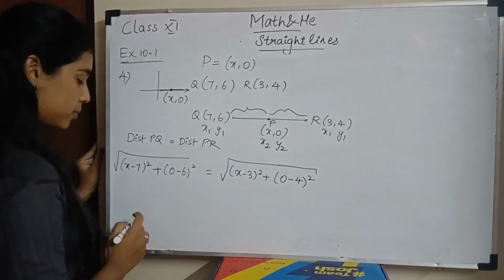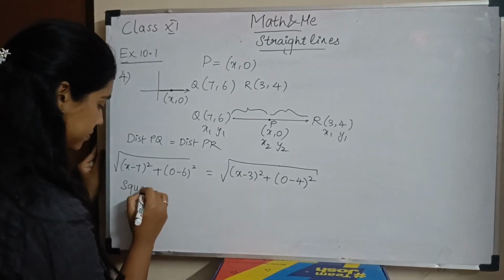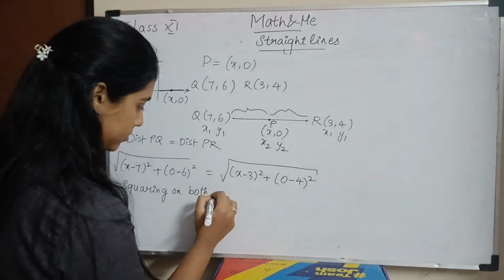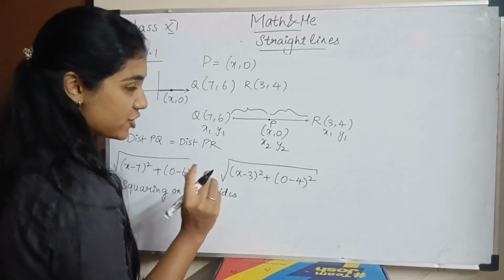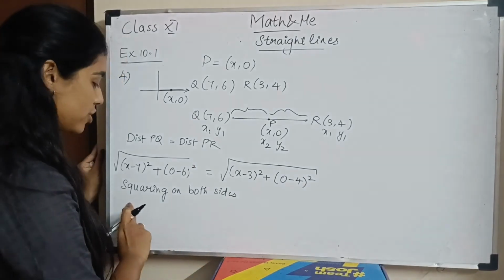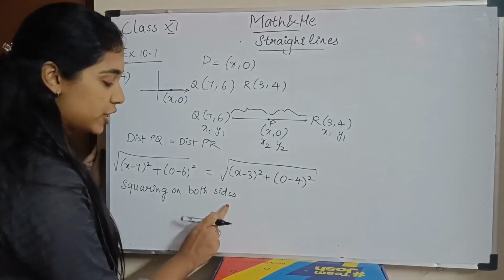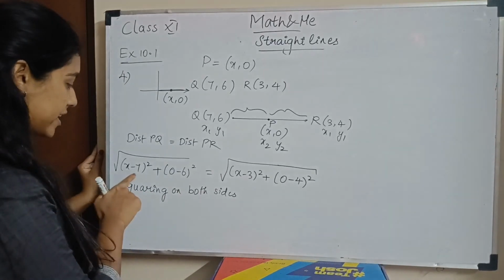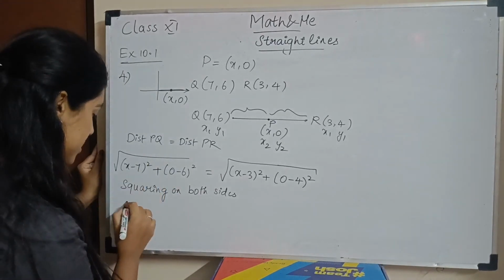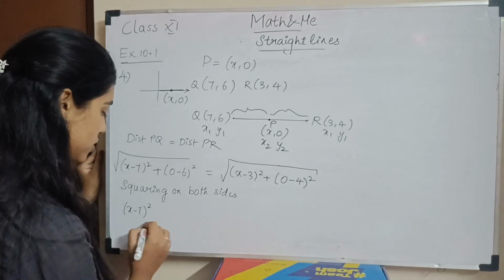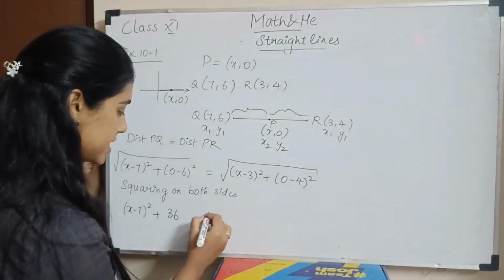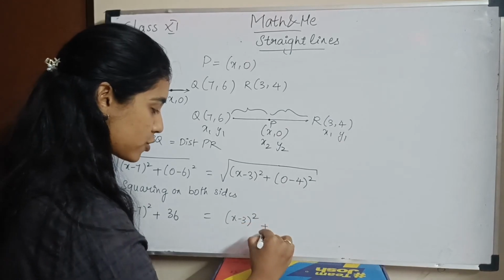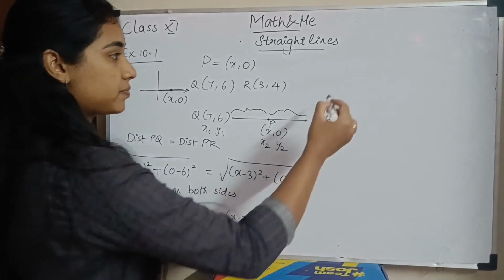Now squaring on both sides. Each and every step is important. Each and every reasoning is important. Do write everything in your exam. Squaring on both sides, you get x minus 7 the whole square plus 6 square, which is 36, equals x minus 3 the whole square plus 4 square, which is 16.